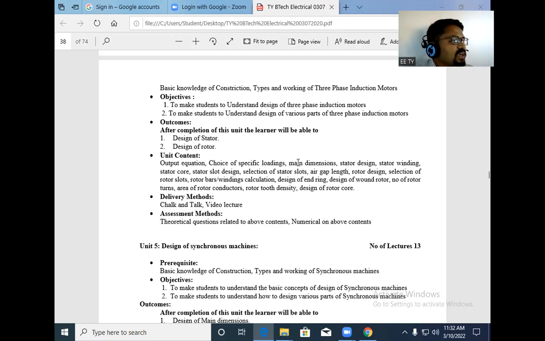Okay, means whatever we have written, that is design of rotor, त्याच्यामध्ये हे सगळे पार्ट आहेत जे की आपण आता ब्रॅकेट मध्ये whatever we have written down.